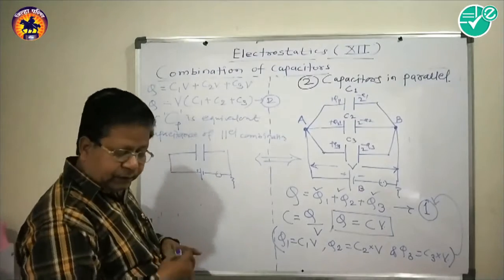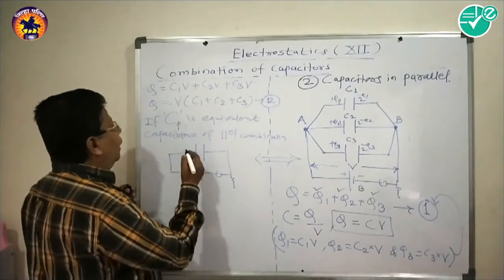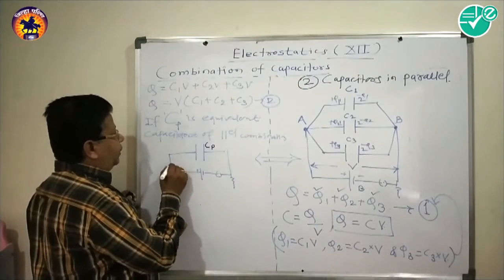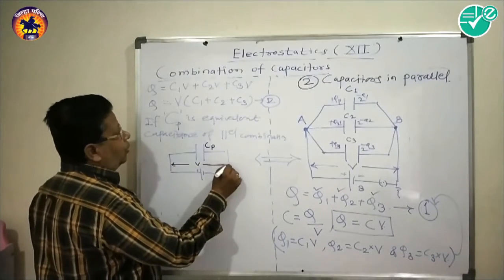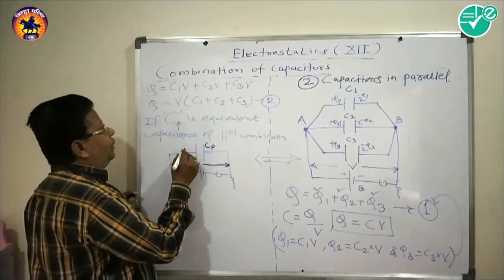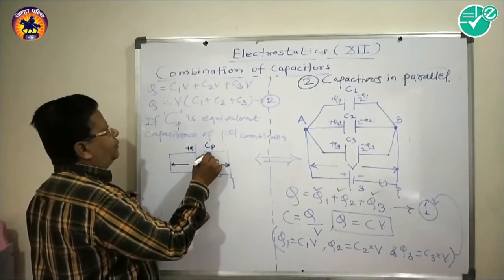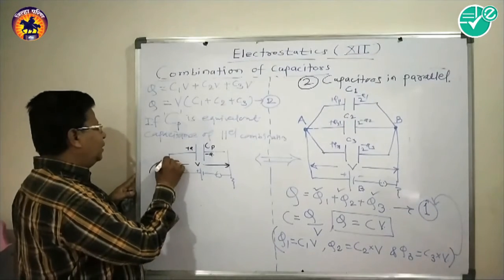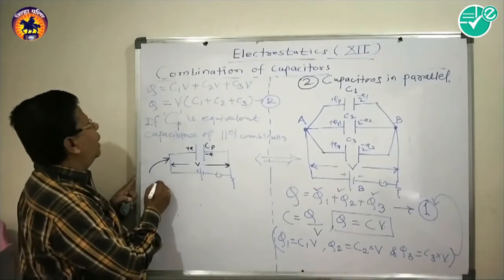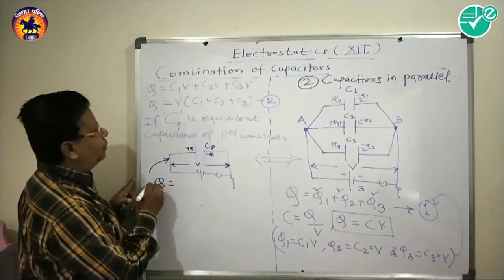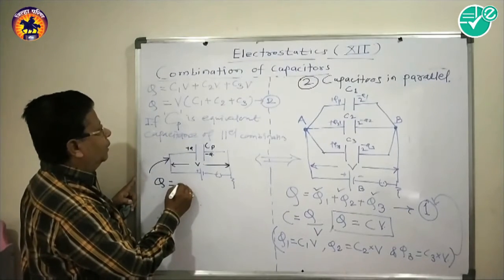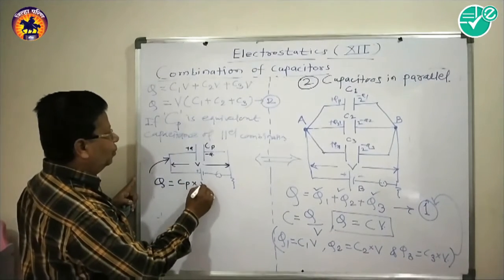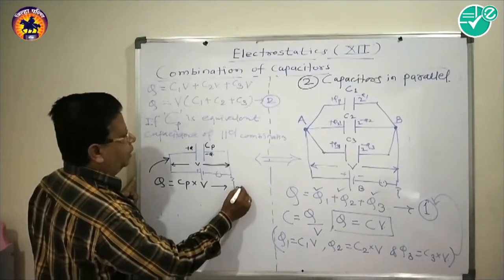In this case, the equivalent capacitance of the parallel combination is Cp, and PD across this equivalent capacitance is V. Charges on the plates of the capacitor are of magnitude Q, and then for this equivalent circuit, charge Q is equal to Cp into V. So this is equation number 3.